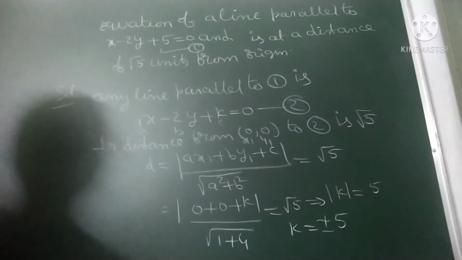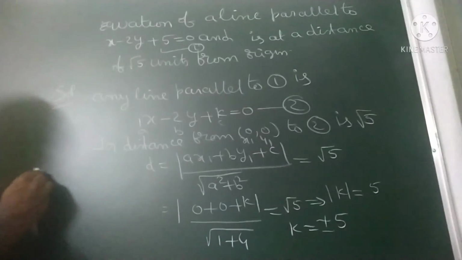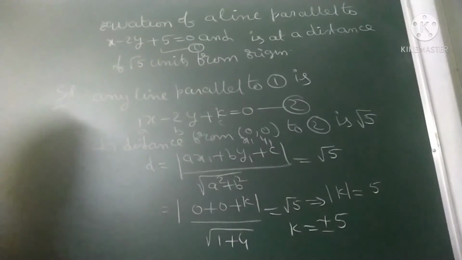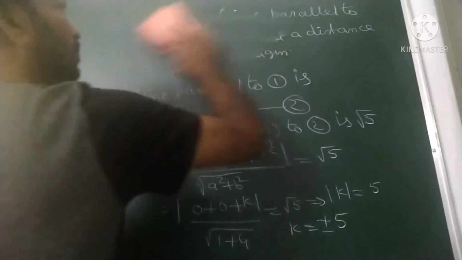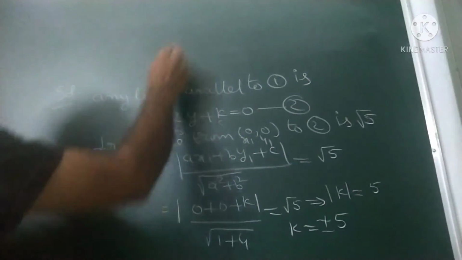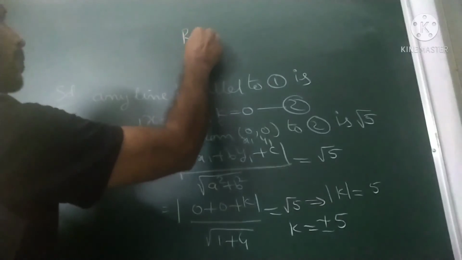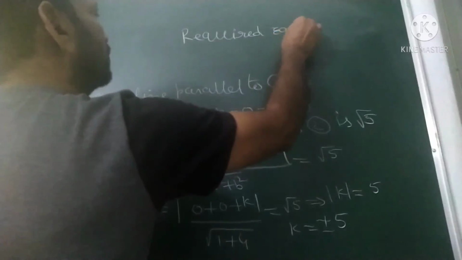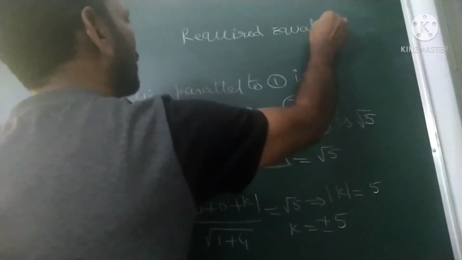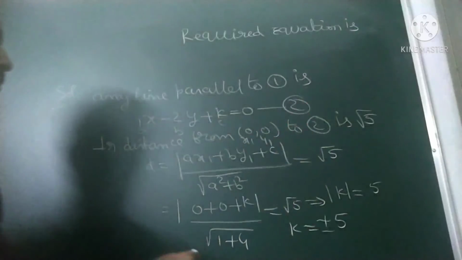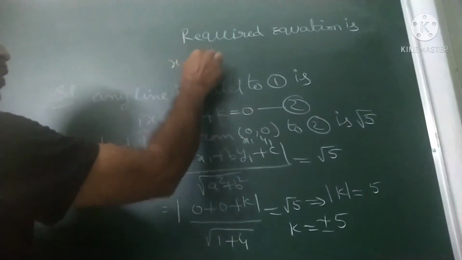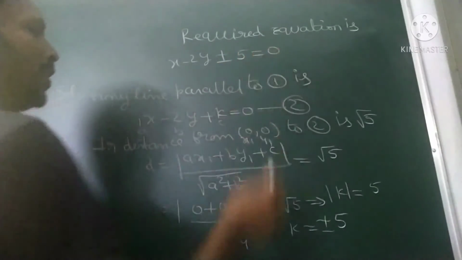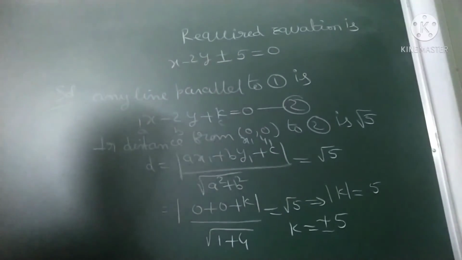Now the required equation is x minus 2y plus or minus 5 is equal to 0. Plus 5 also correct, minus 5 also correct.